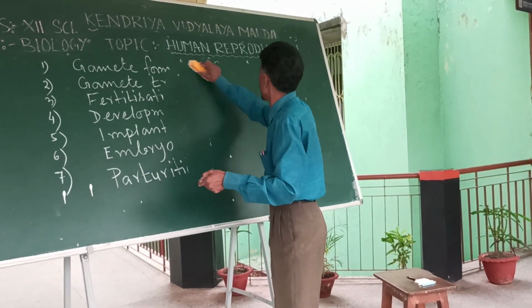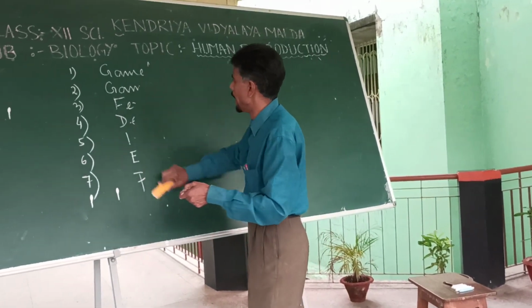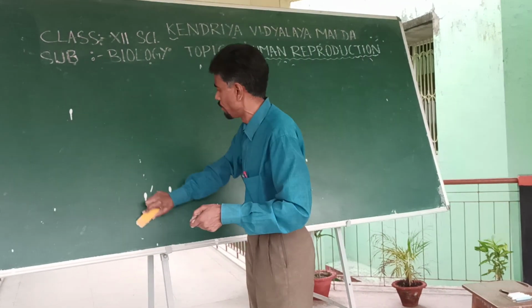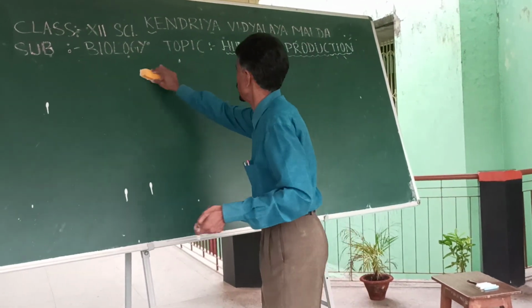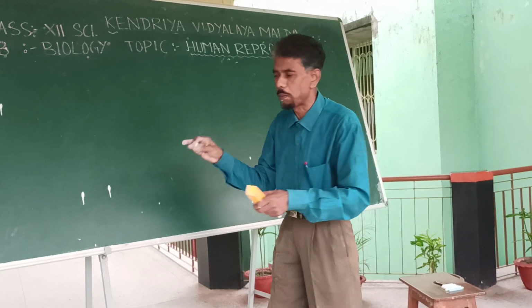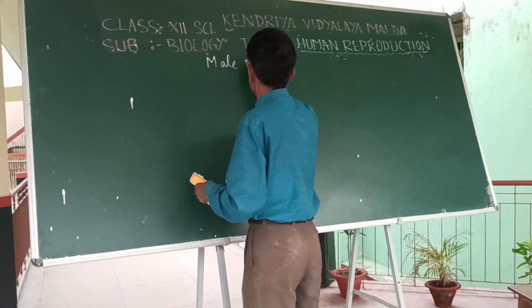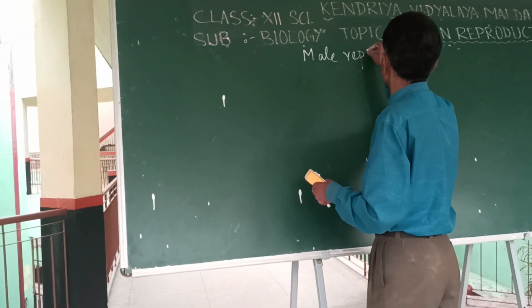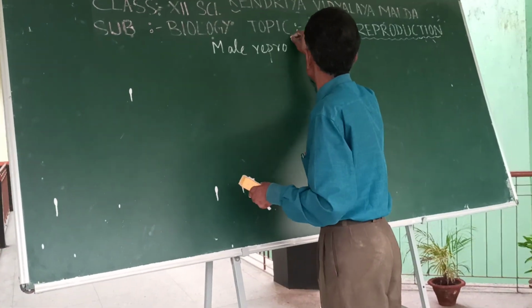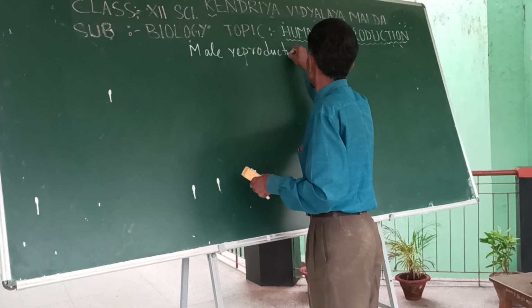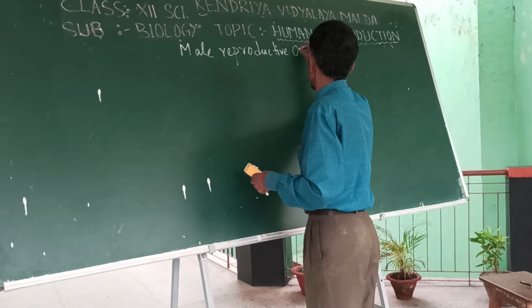We shall take up now first the male reproductive organ of human, which is responsible for the production of sperm. So male reproductive organ.